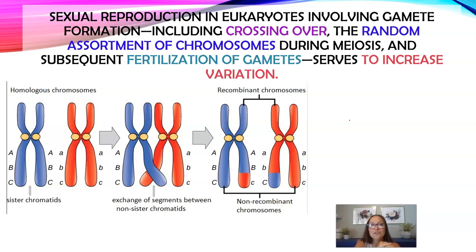For example, you could take my stepdad. He is half Mexican and half Polish, right? So he inherited Polish DNA and Mexican DNA. When crossing over occurs as he makes his sperm, he's going to have chromosomes that have Mexican ancestry plus Polish ancestry all on the same chromosome.